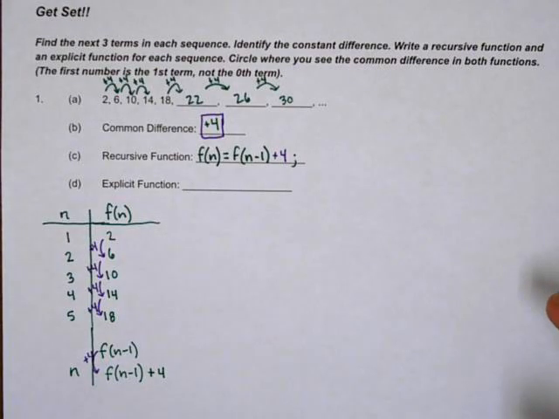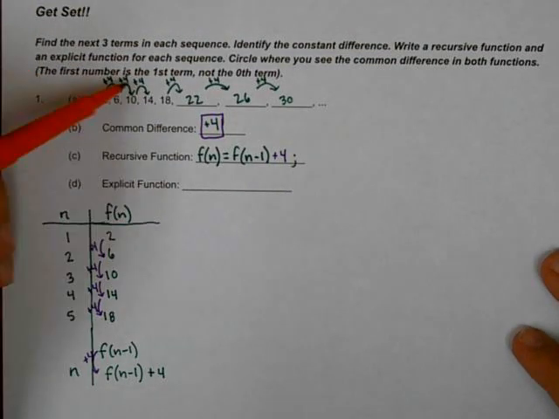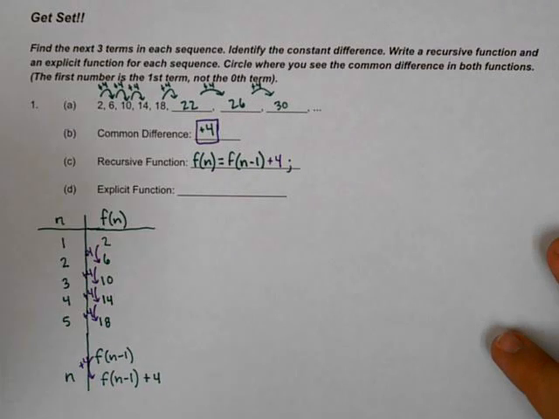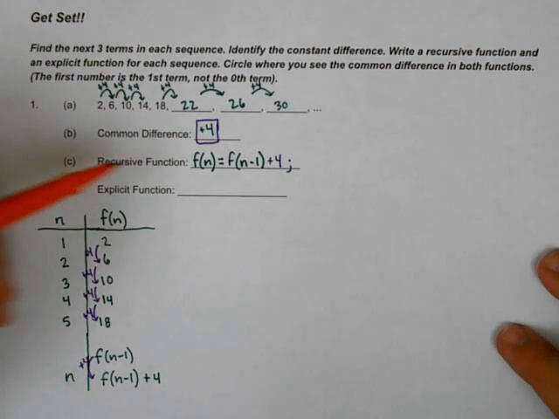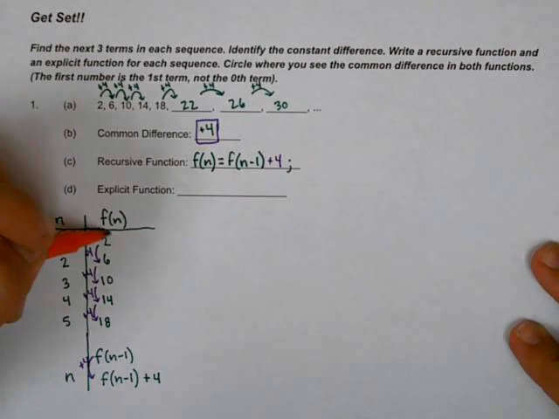And then if you remember with recursive functions, we always have to give it that starting point. This is another difference between what we've been doing prior and now today with having the first number be the first term. The very first value, or the starting point, is no longer f of 0. If you notice, we're starting at an n value of 1.